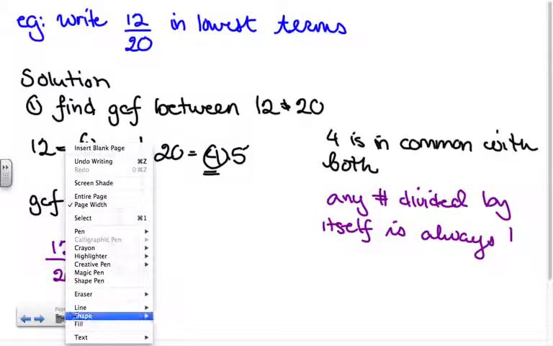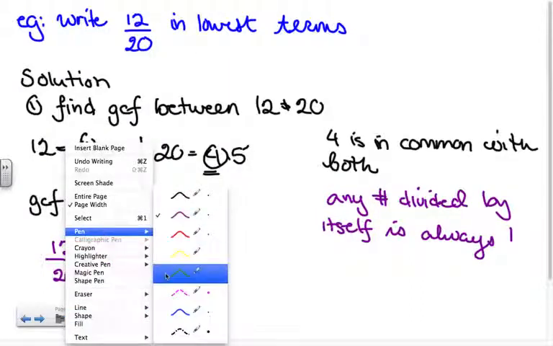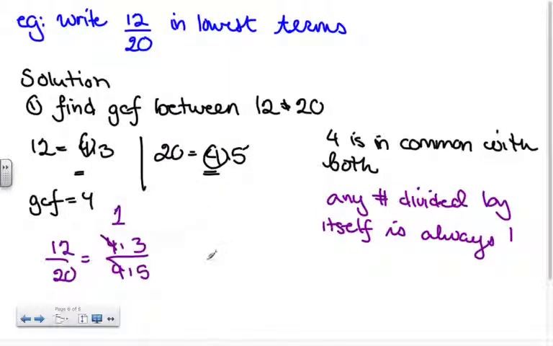So 3 divided by 5 is actually the solution to the problem. This is the answer in lowest terms. How do I know it's in lowest terms? I can't do anything else with it. You see here, there's nothing in common with 3 and 5.